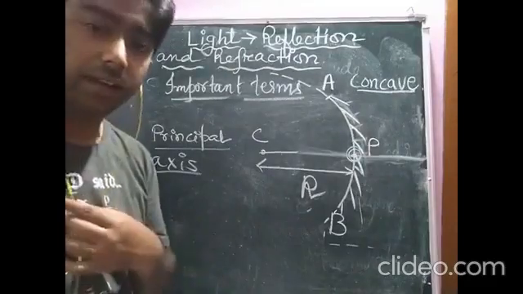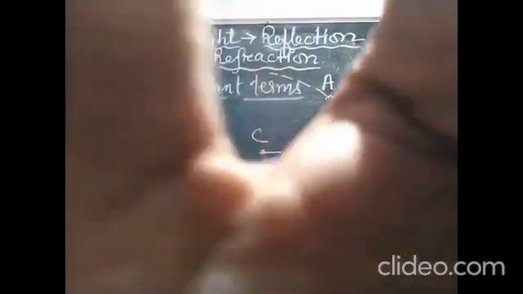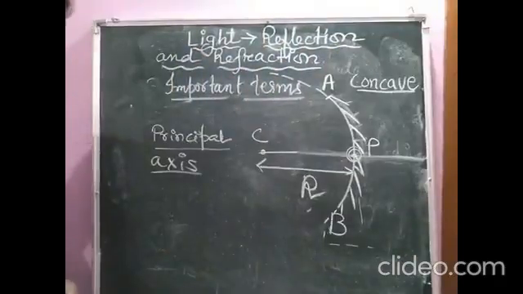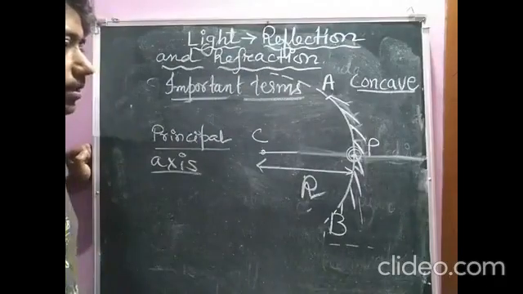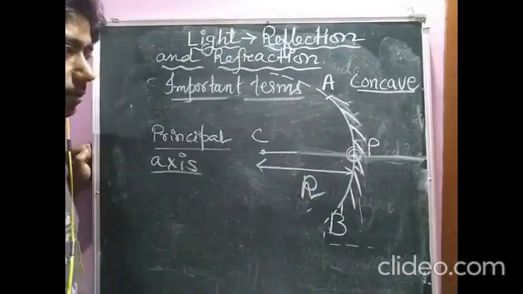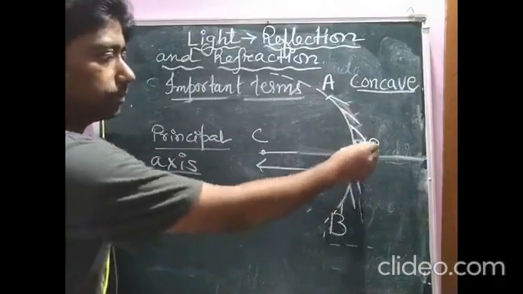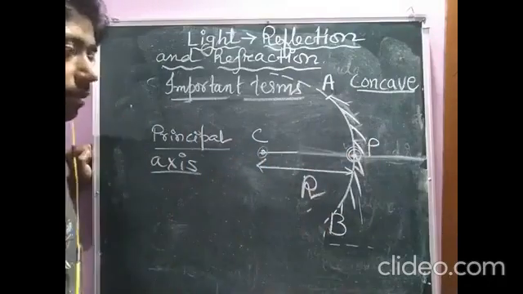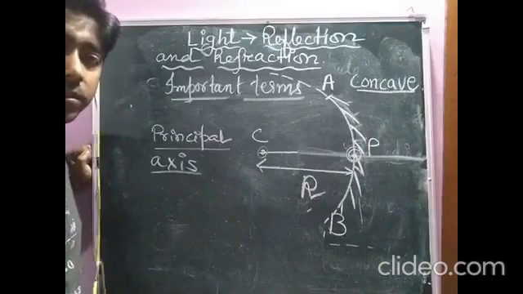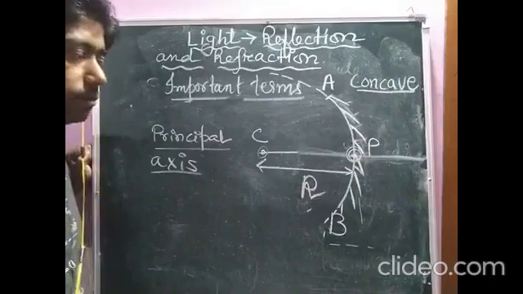It is a straight line that joins the pole P and the center of curvature of the mirror. Or you can say it's a straight line which passes through pole and the center of curvature.